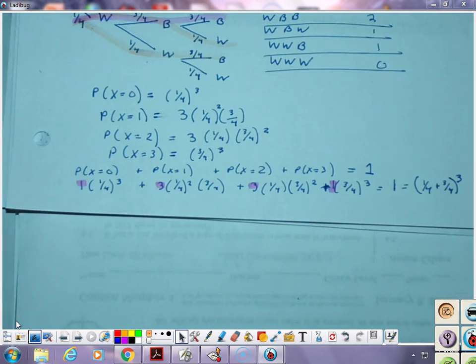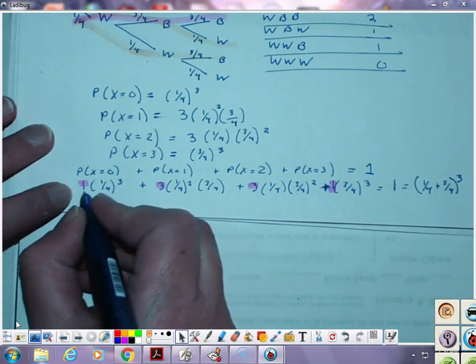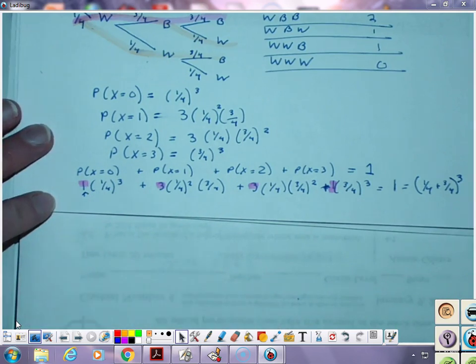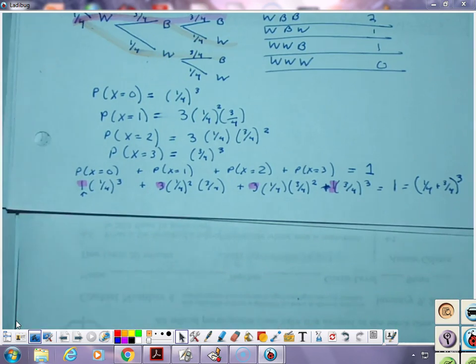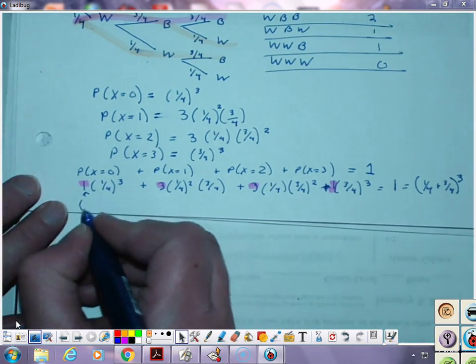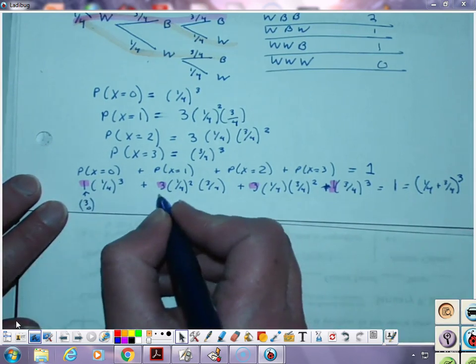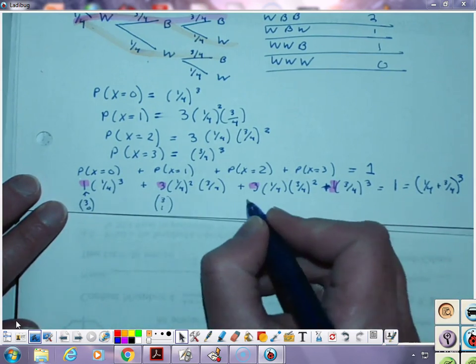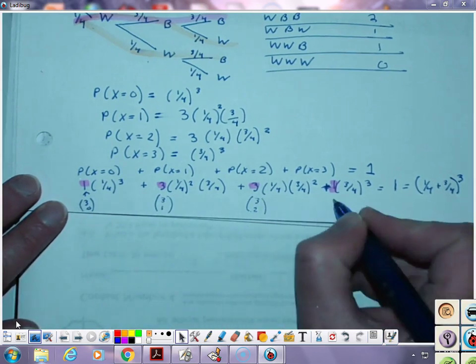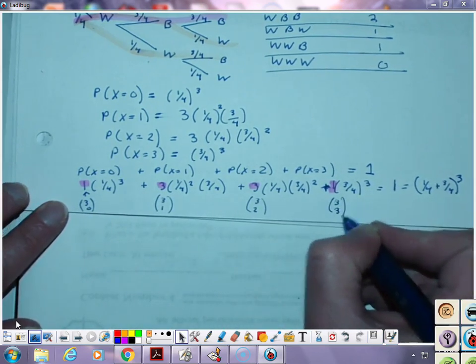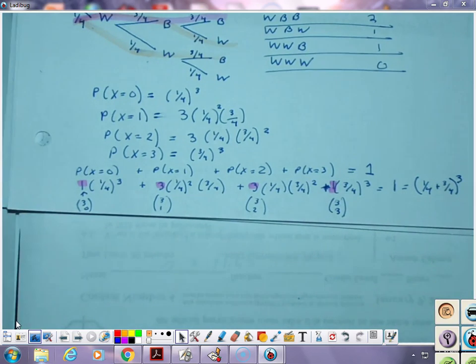Now I also want you to remember that this is the same as combinations. Do you remember what this is the combinations of? 3 choose 0, 3 choose 1, 3 choose 2, and 3 choose 3. Which means that we shouldn't have to draw a tree diagram every time we want to do binomial distribution.